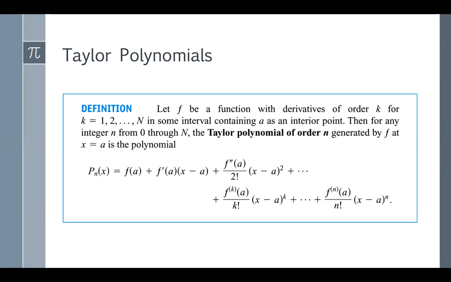Then for any integer little n from 0 through big N, the Taylor polynomial of order n generated by f at x equals a is the polynomial p sub n of x equals f of a plus f prime of a times x minus a plus f double prime of a over 2 factorial times x minus a squared, all the way up to the nth derivative of f at a over n factorial times x minus a to the n, and it stops there. This is not an infinite series. This is just a polynomial.